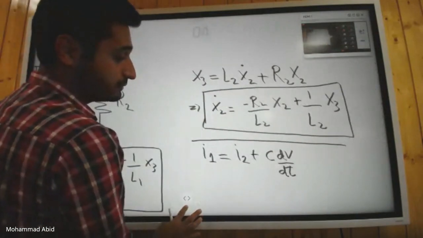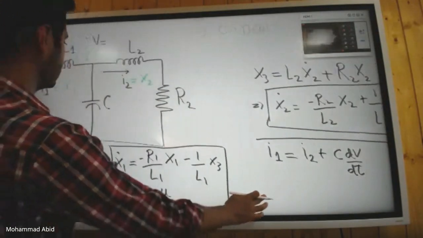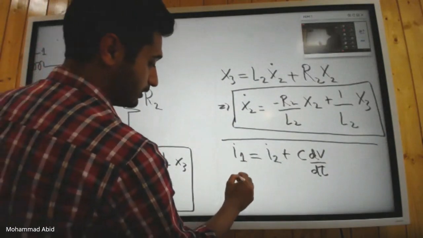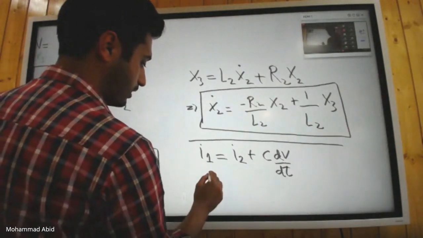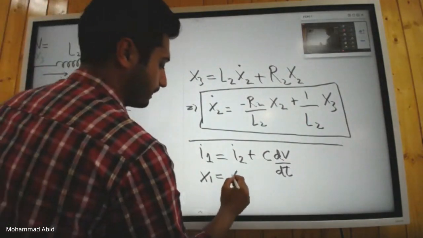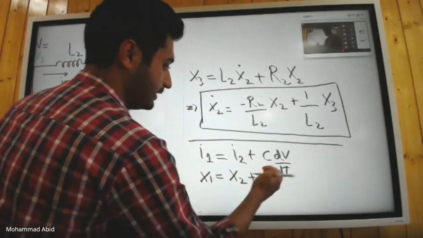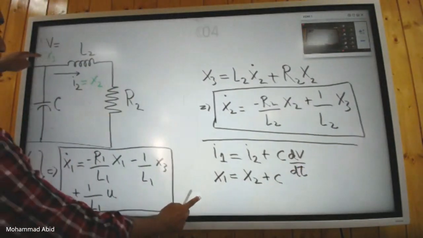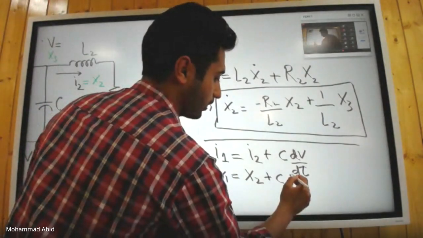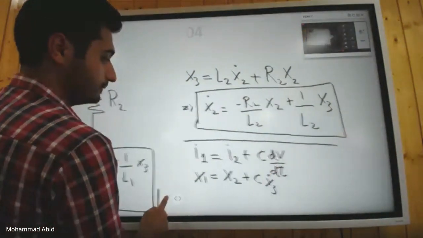Now rewriting it in terms of state variables. I1 is x1, I2 is x2, and V we have labeled as x3. So x1 is equal to x2 plus C x3 dot. Is it okay?